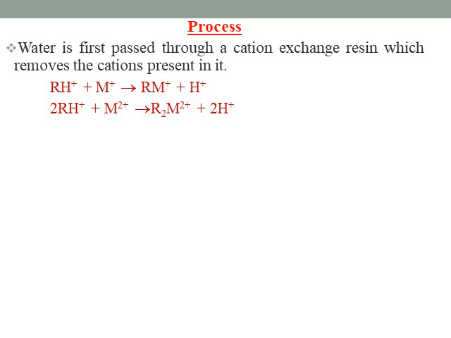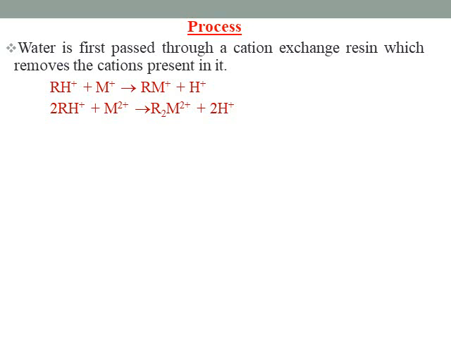Now typically the resin bed consists of RH. R is a polymer and H is the acidic functional group which is dispersed inside the polymer. Now, when water containing M plus, the monovalent cation, comes in contact with RH, it starts replacing H plus from the resin bed.